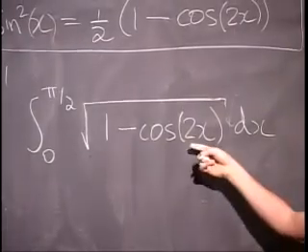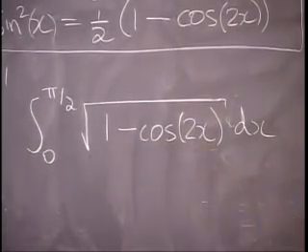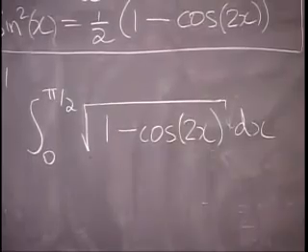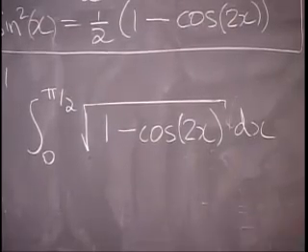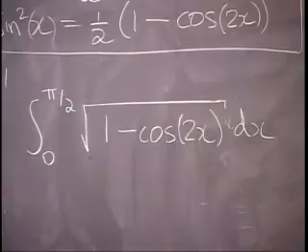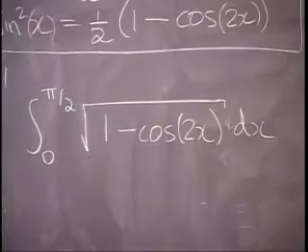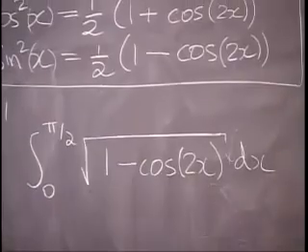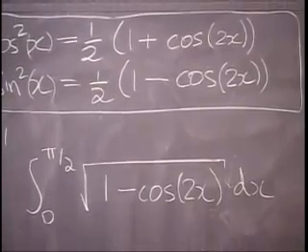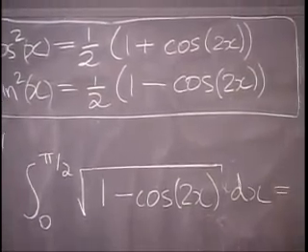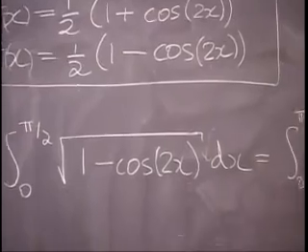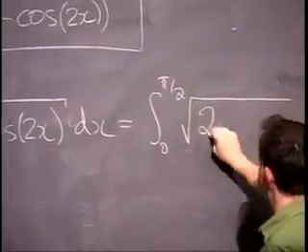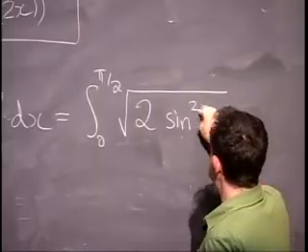Then you'd have to differentiate this. Right? When you do integration by parts, you differentiate the u piece. I don't want to differentiate the square root of 1 minus cosine 2x. So let's use the trig identity. In fact, if you stare at this second identity, you see it's actually just the integral from 0 to pi over 2 of the square root of 2 sine squared x.